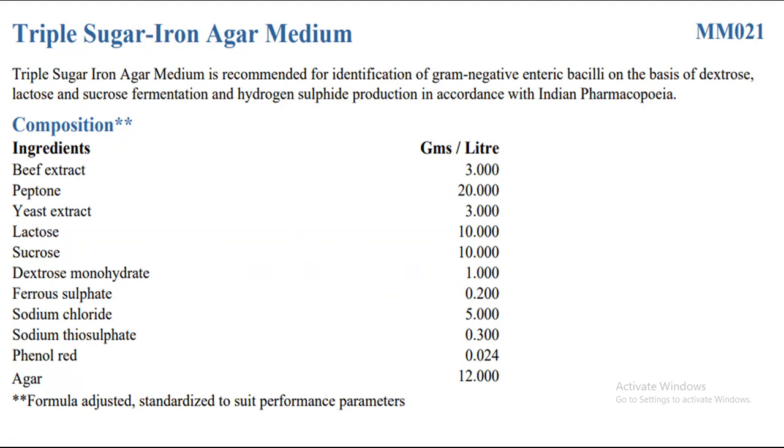Sodium chloride and sodium thiosulfate are also used. And at the last, phenol red is used as an indicator. The actual color of the TSI media is red, and when there is a shift in the pH, different colors are produced. So that's why we use phenol red, and then we examine those colors. And agar is used to maintain the solidification of this media. So keep these terms in mind.